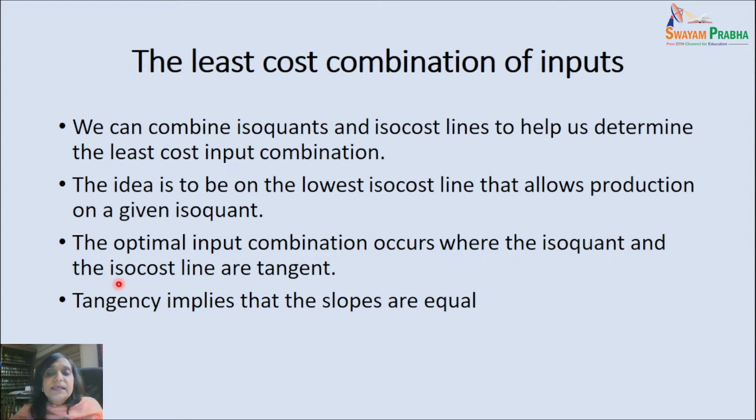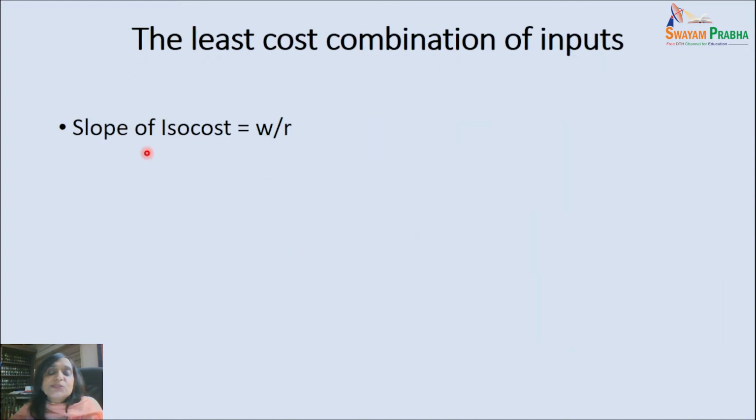And learners, what is the slope of the isocost line? We have just seen the slope of the isocost line is the price of labor divided by the price of capital.